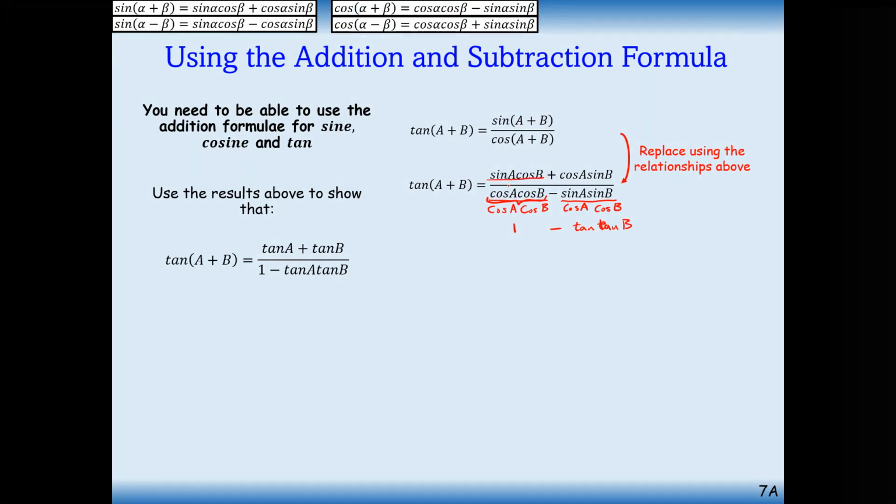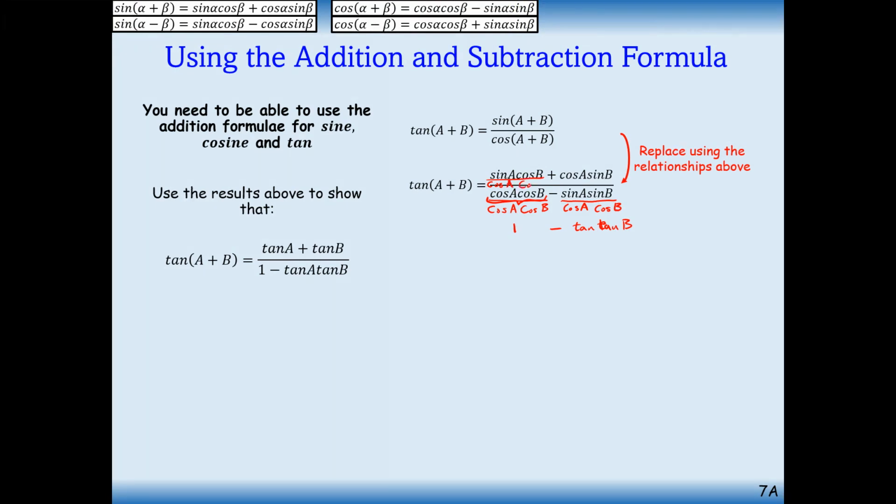If I take that and write the numerator, again I'm dividing this by cos A and cos B, so I rewrite the numerator here.